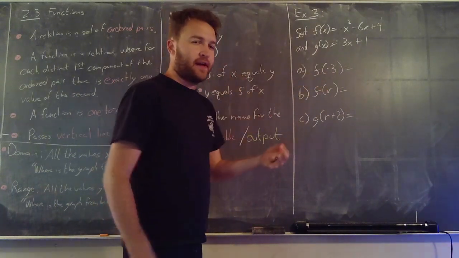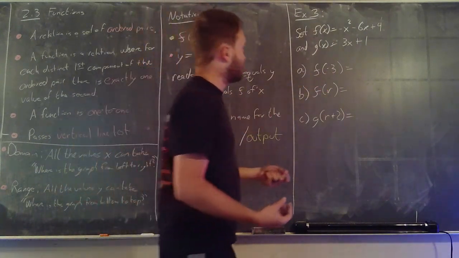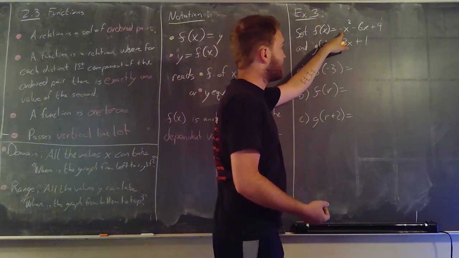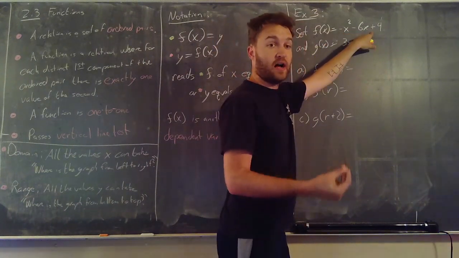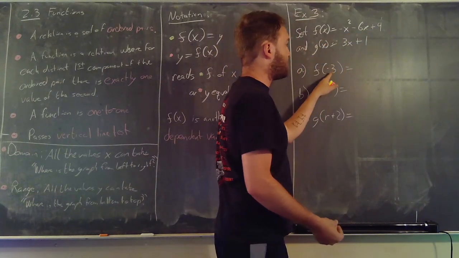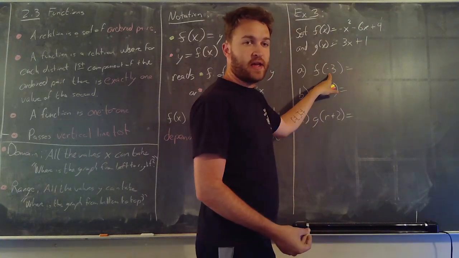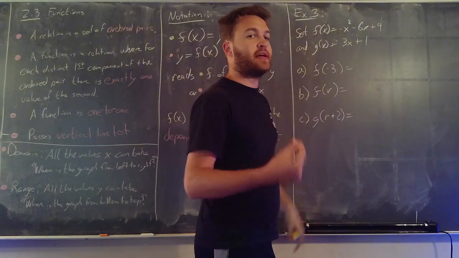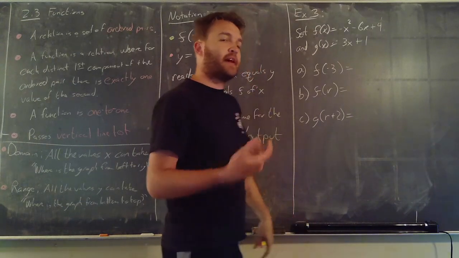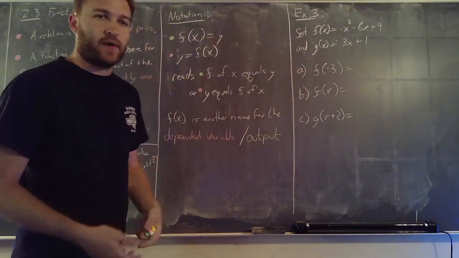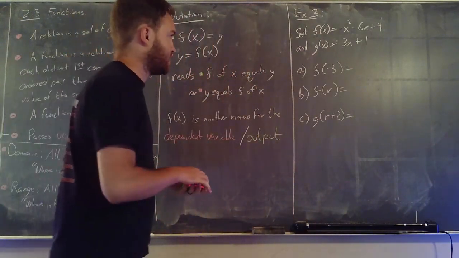If I had written that all out, I would have to write down negative x squared minus 6x plus 4 again, and then say now plug in x equal to negative 3. Whereas f of negative 3 allows me to write several things very quickly and shorthand it that way. It's the first useful thing about function notation.